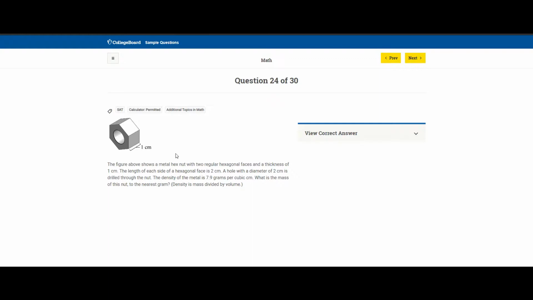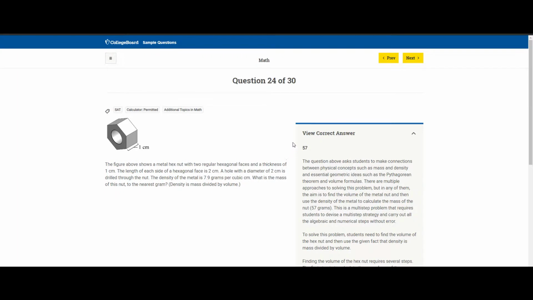So we have 6 square root 3 minus pi times 7.9. It's around 57. There we go. It's 57. I did get that answer correct.